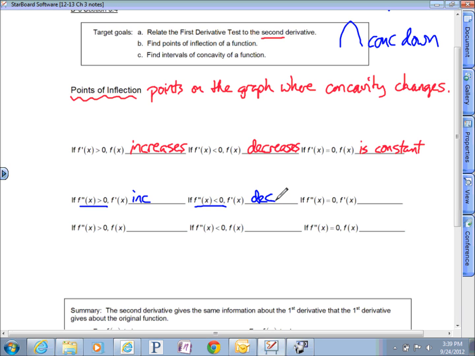If my second derivative is equal to 0 over a period of time, my first derivative is constant. Well, here's another connection that we can make. If my second derivative is positive, it tells me that my first derivative is increasing, but it also tells me that my original function is concave up.